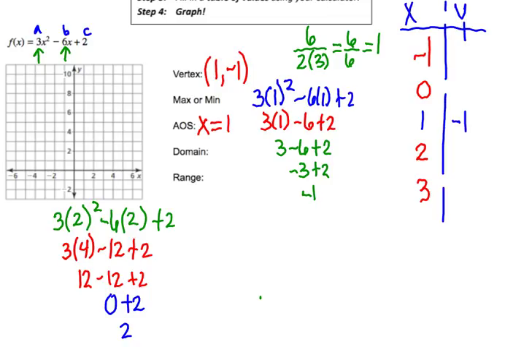So we found that if I plugged in 2, we got a 2 out. And if that's a 2, I know that this would give me a 2.